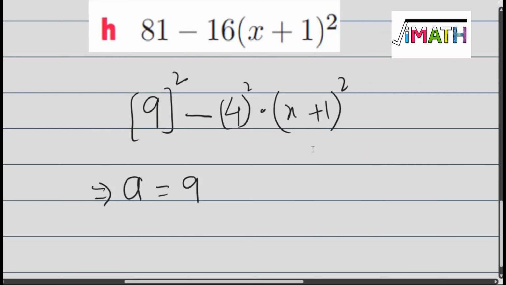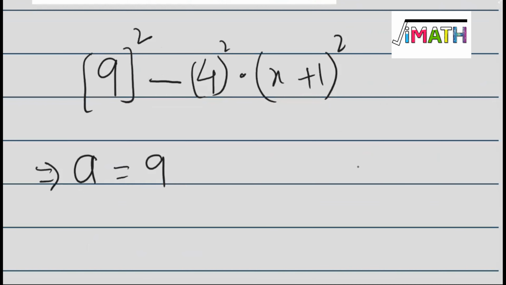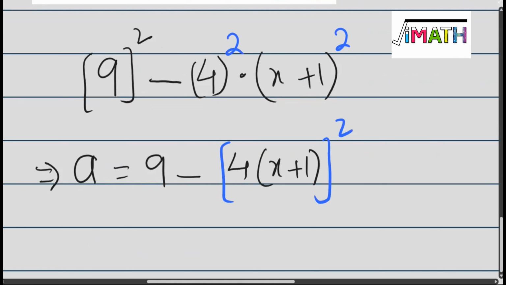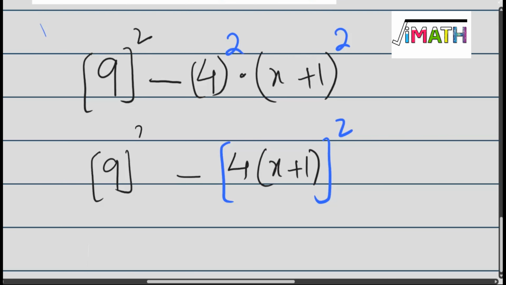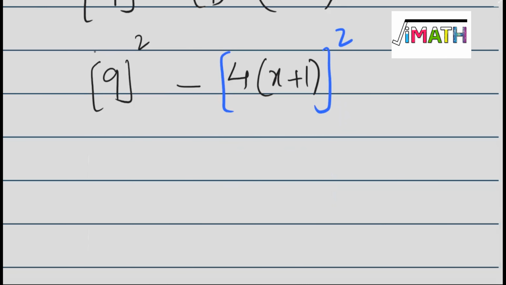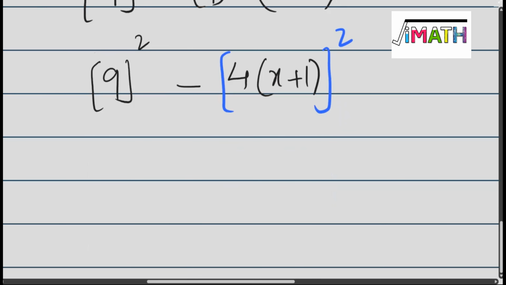So instead of 2 individual squares, I'm going to write them as a total square: 4 times (x plus 1), the total square of them. Oops, I made a mistake here, so I'm going to write it like this. Okay, so now I have 2 squares.